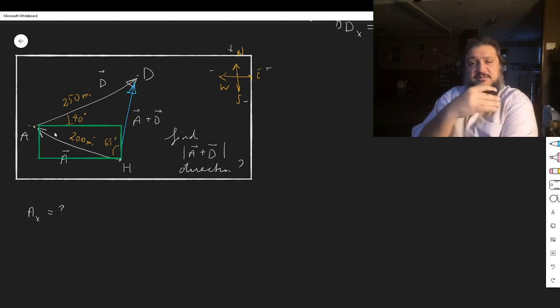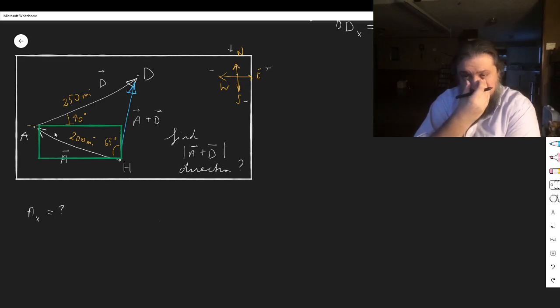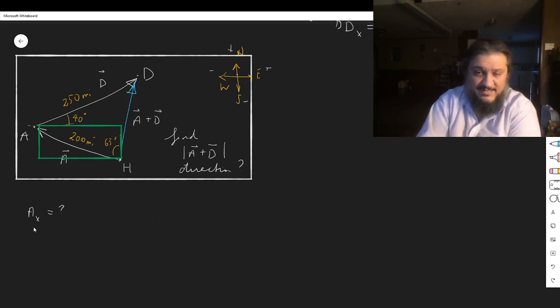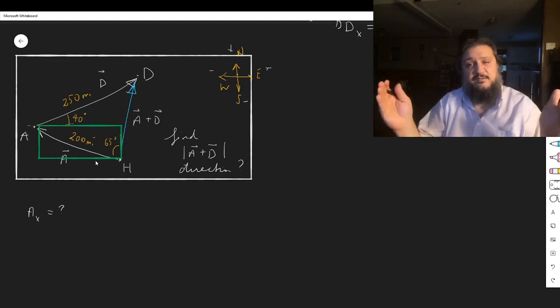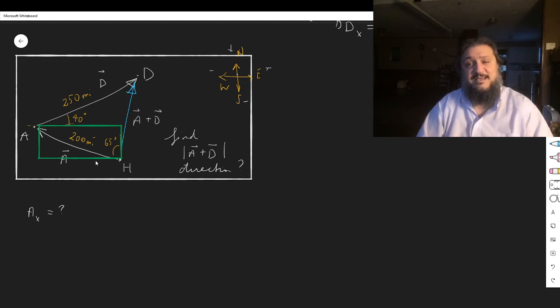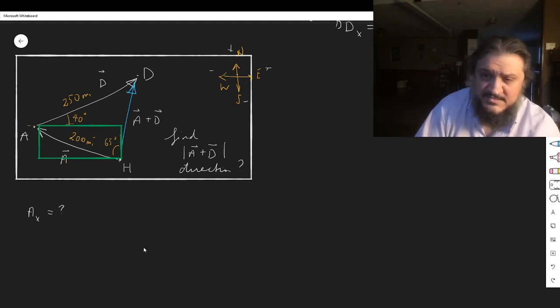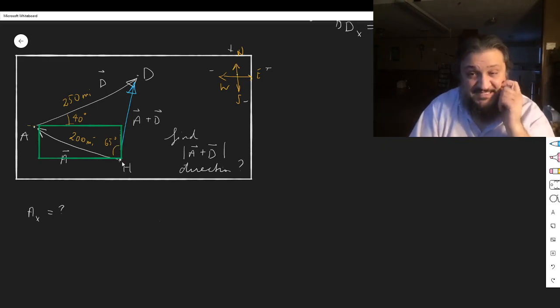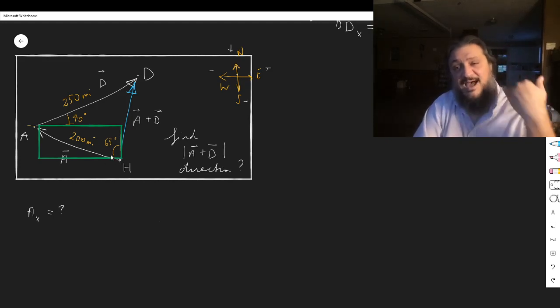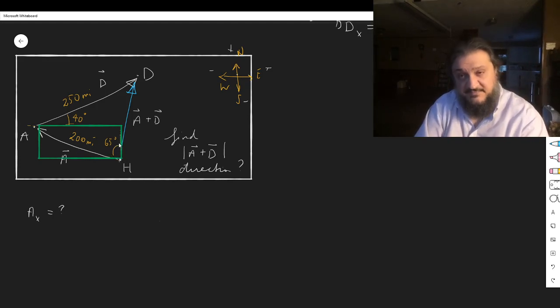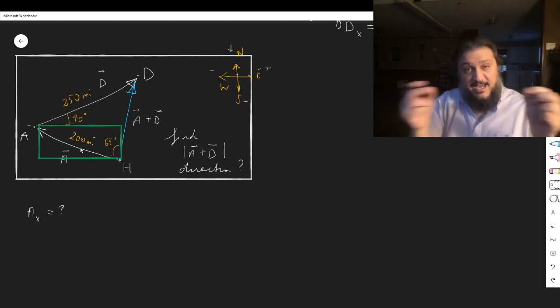The lengths of the sides will tell you. For instance, if you want to find AX, you want to solve for this side here, which is the horizontal length of the rectangle. So obviously you'll need this angle 65, and the side we need is the side opposite to 65. So the hypotenuse multiplied by the sine of 65 gives me the side that I need.